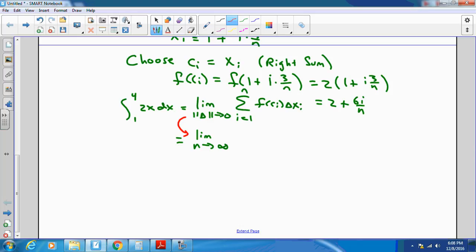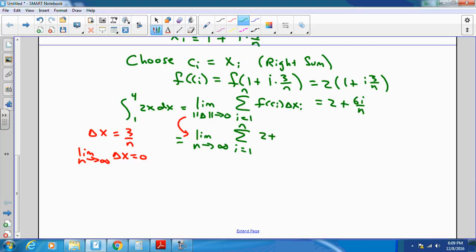So notice that this shift takes place because as n goes to infinity, then my delta x, remember that delta x is equal to 3 over n, so the limit as n goes to infinity of delta x would be equal to 0. So that's how we let the mesh size go to 0. We're going to let n go to infinity, the number of rectangles.